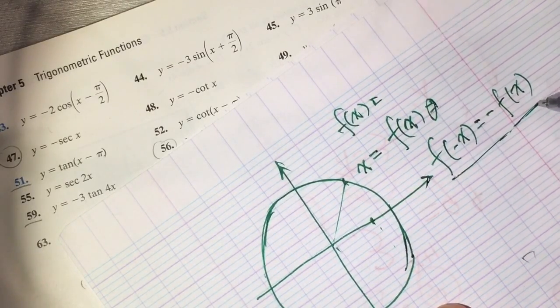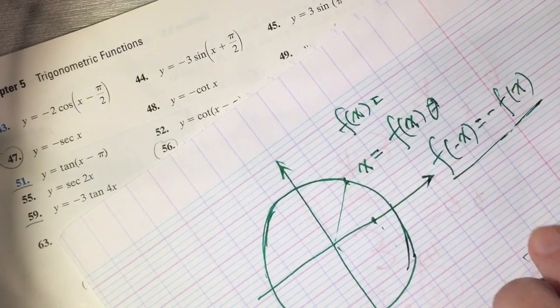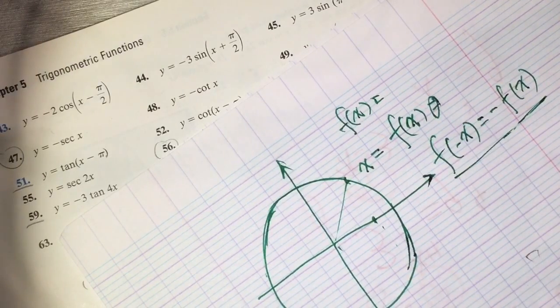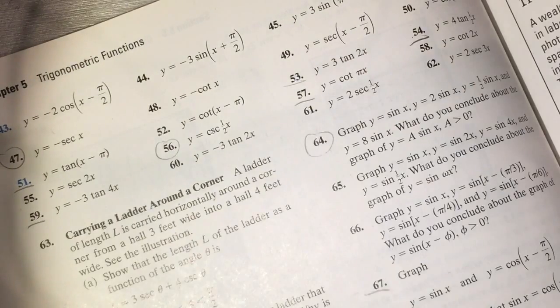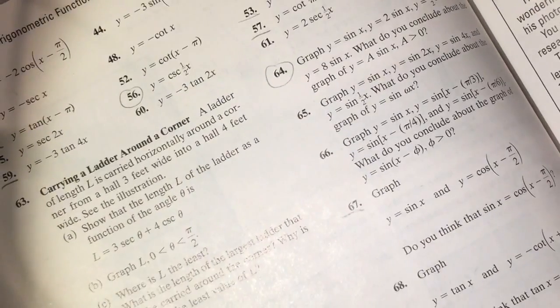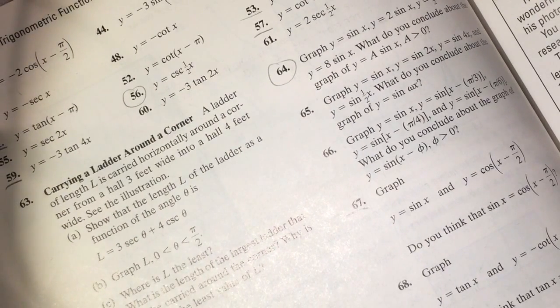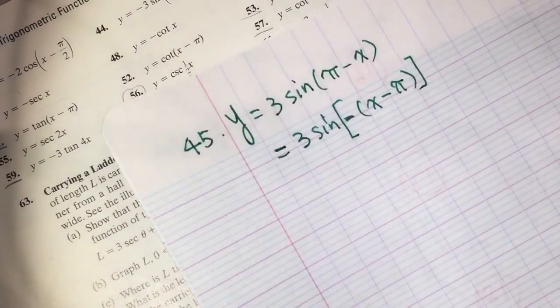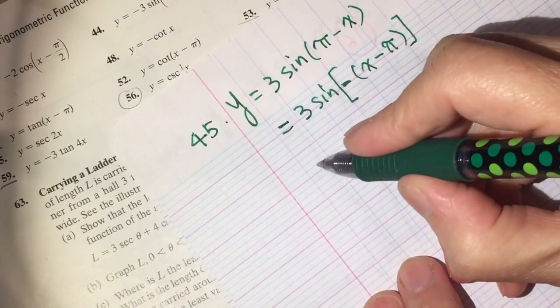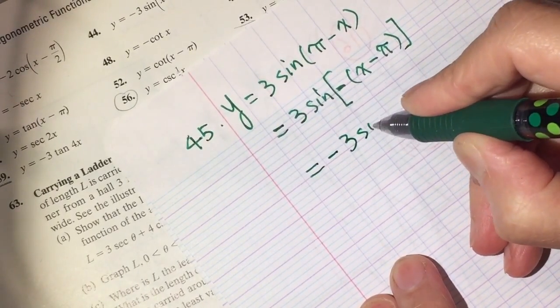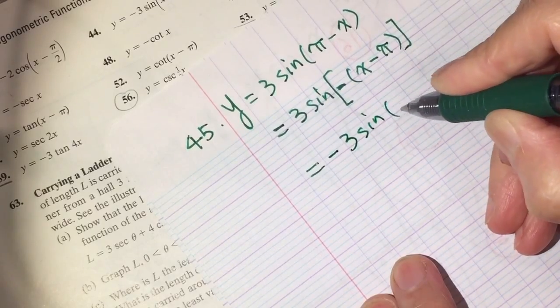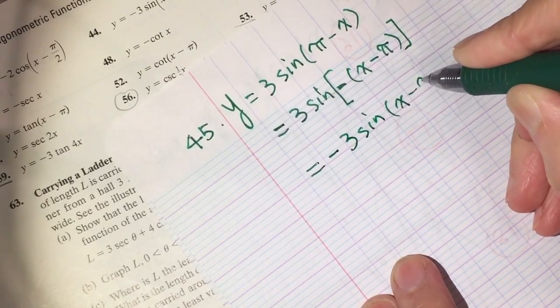So this is odd. Anyway, sine is like this. So for this function, y equals negative 3 sine of x minus pi.